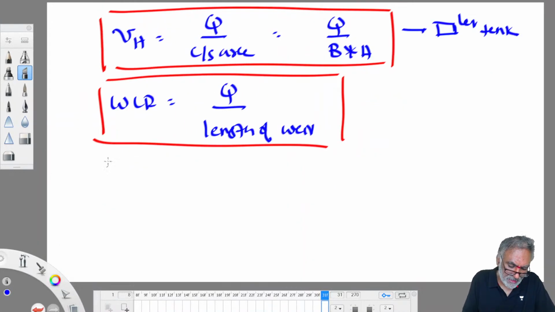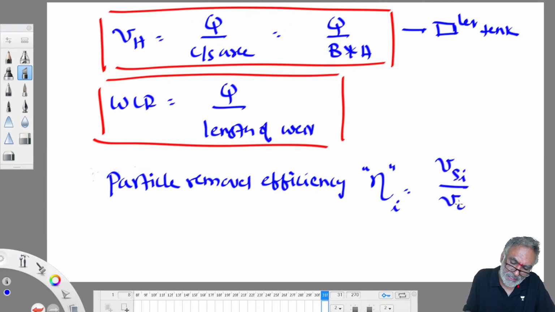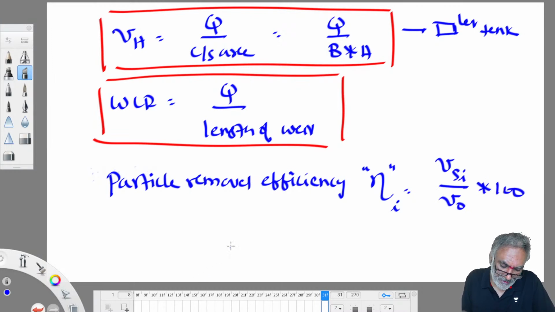Okay. In addition to that, we wrote two conditions. Particle removal efficiency. Efficiency of ith particle removed from flow is equal to settling velocity of ith particle by V naught into 100. Okay.